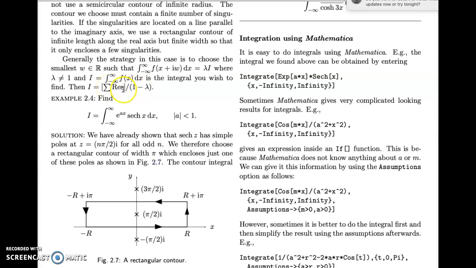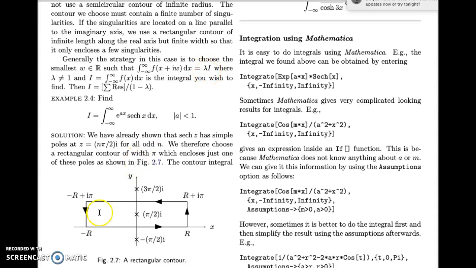The key, tricky thing in this type of integral is actually to choose w. So w is the height of this. And really what you do is experiment. You look at what you're integrating and you see what's the smallest w I can choose, so that when I integrate this function, it gives me the same integral as before, i.e. when w is 0, except it's multiplied by lambda, where lambda is not allowed to be 1.